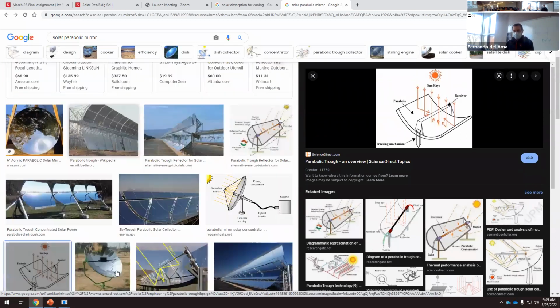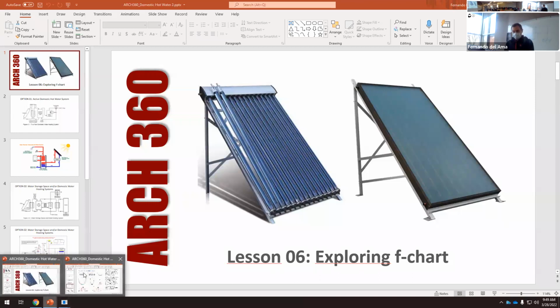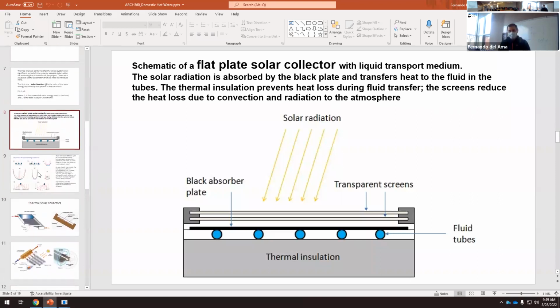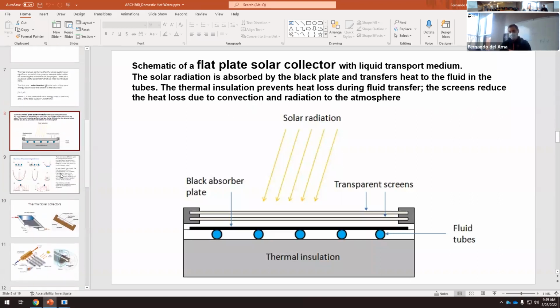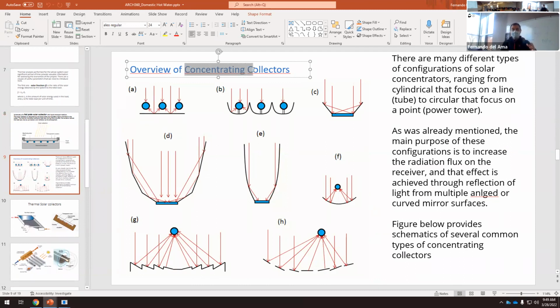What we usually have, the most common solar collector, is this flat plate solar collector. So there are three technologies. We have the flat plate solar collector. We have these concentrating collectors, which we don't use at a building scale.